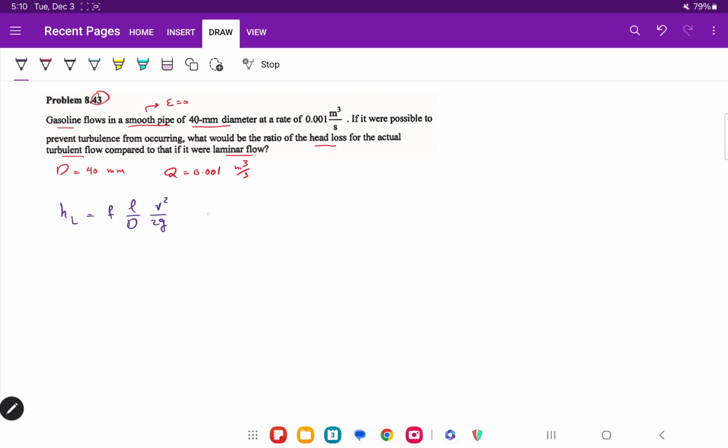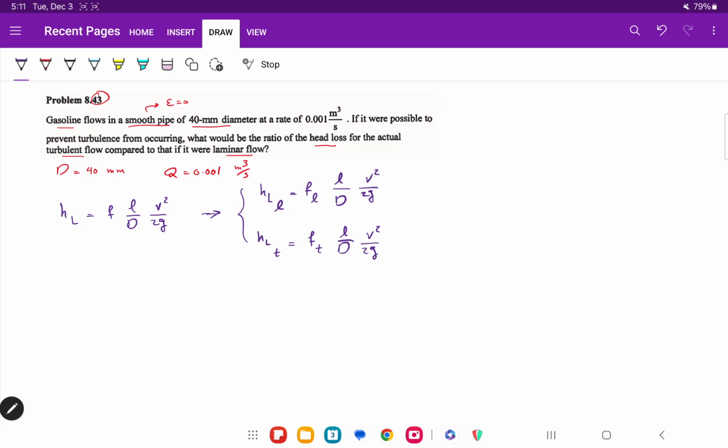So we have two different head losses. h_L for laminar flow equals f_L times L over D V squared over 2g, where f_L means friction factor in laminar flow, and for the turbulent flow it would be friction factor of the turbulent flow, L over D V squared over 2g.